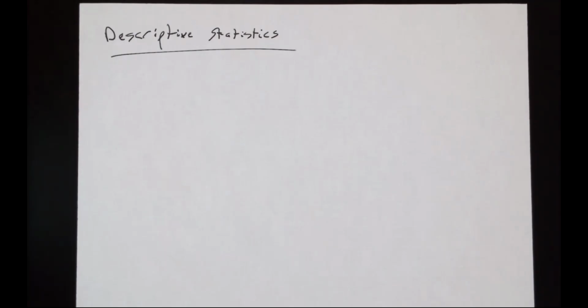There are a lot of different pieces when we talk about the pile of data I've got, particularly with numerical data, but this still applies to qualitative data as well.